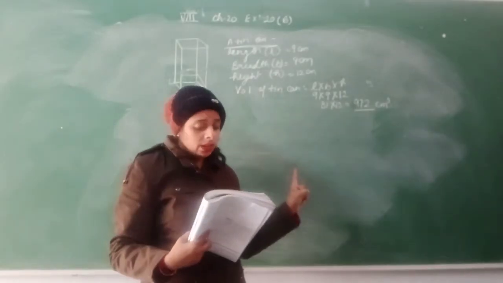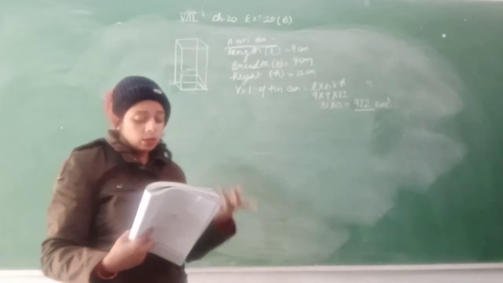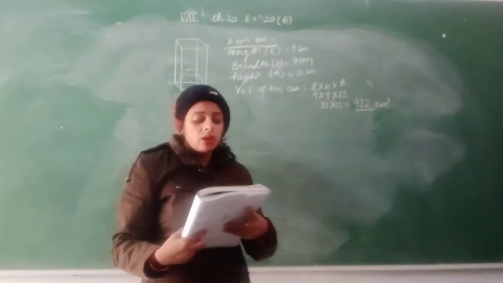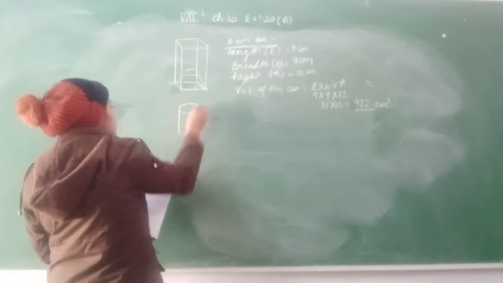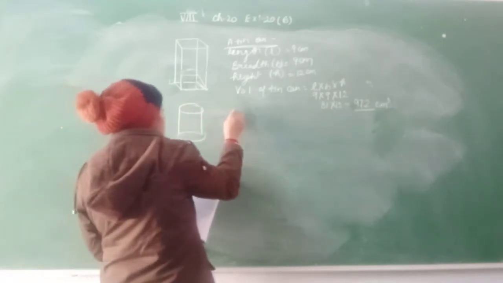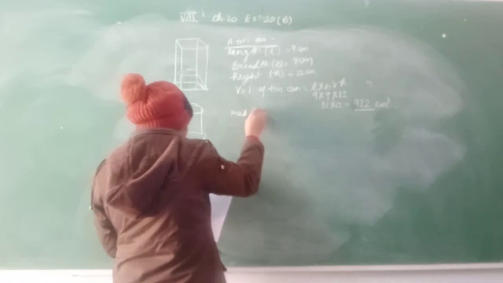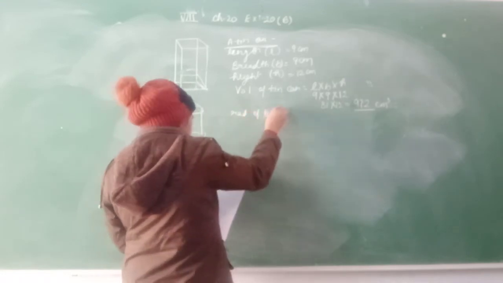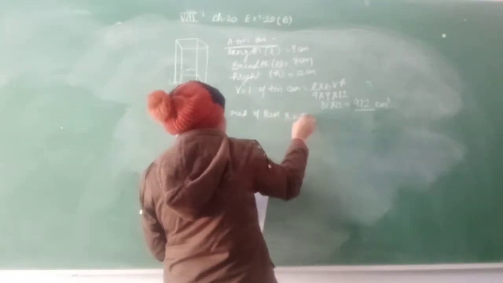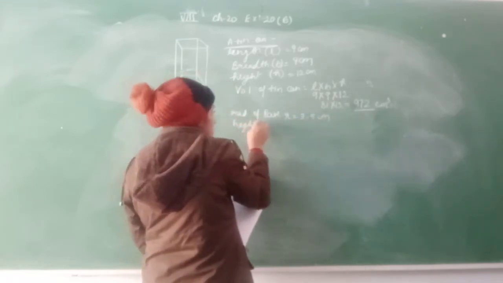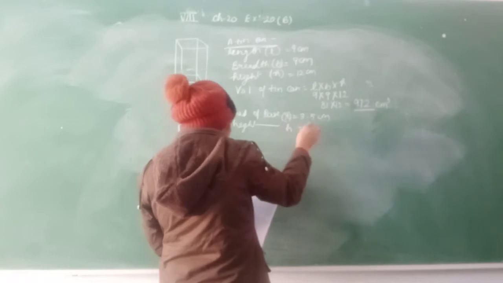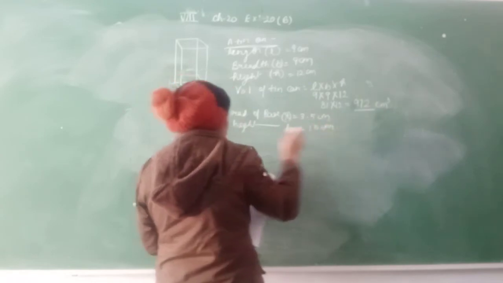And the powder is in 2 shapes of packs. First is the tin can, that is a cuboidal shape, and another is one with a circular base of radius. It means the second shape is a cylindrical shape where the radius of the base R is 3.5 centimeter and height is 10 centimeter. How will you find the volume?